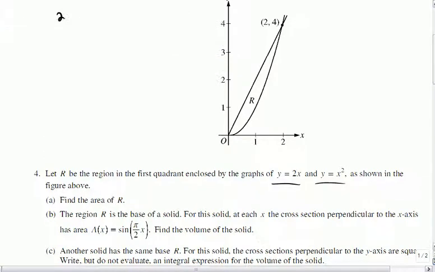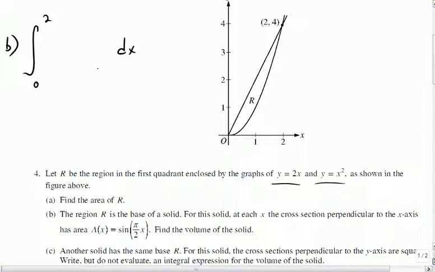Okay. So is this dx? So limits of integration are? Okay.